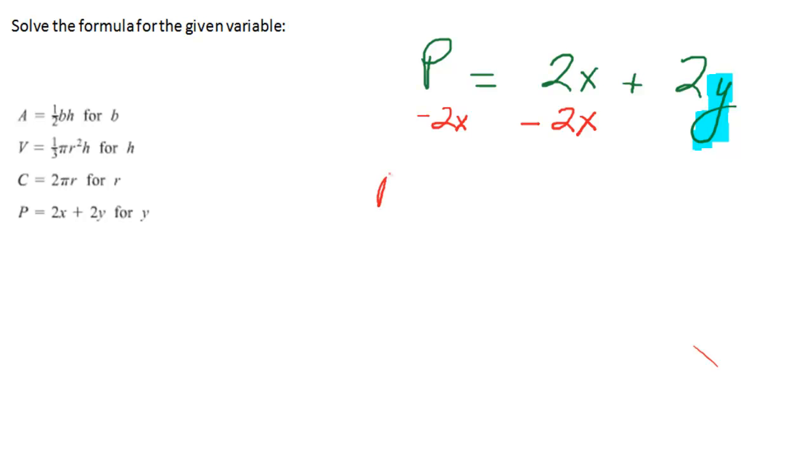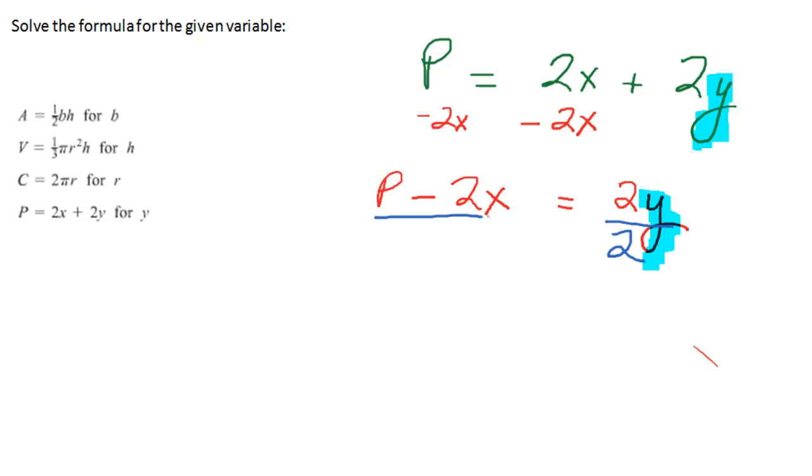And then, of course, on the left, these are not like terms, so we cannot combine these two terms. But on the right, those 2x's cancel and leave us our 2y. Again, we're solving for y. We want y by itself. So now we have to get rid of this coefficient of 2, this number in front of y, and we are going to divide both sides by 2.